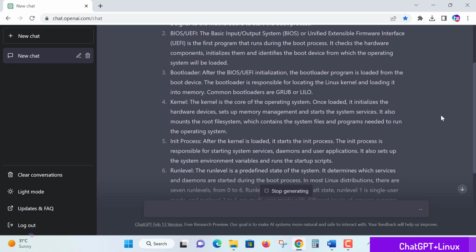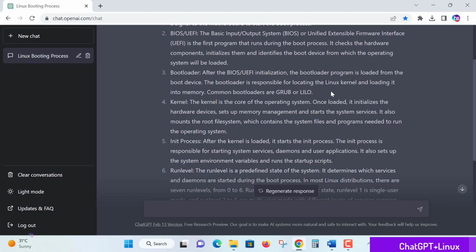Then the bootloader. After the previous step, it will be connected and continue with the next step. This is mainly how the boot process continues in Linux or any other operating system as well. In the bootloader step, the bootloader program is loaded from the boot device.